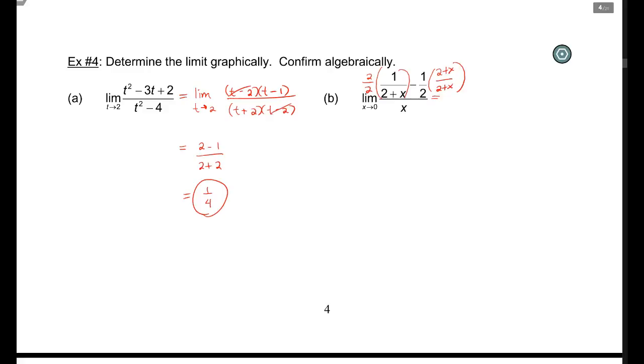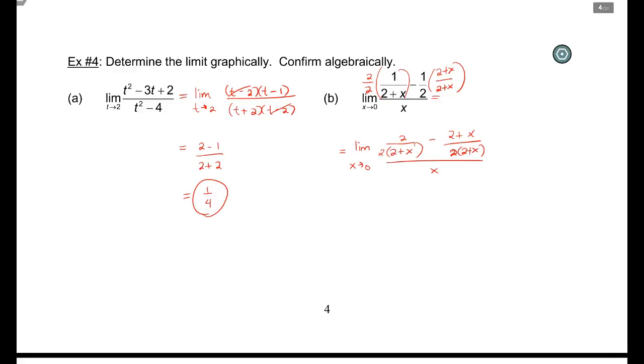Is that okay? I'm going to leave the x on the bottom alone for the moment. So I'll write this limit as x goes to 0. So I have 2 over 2 plus x minus 2 plus x. Oh, oops, there's a 2 times. Yeah, I'm going to distribute.